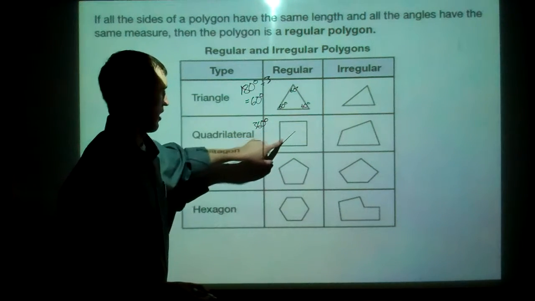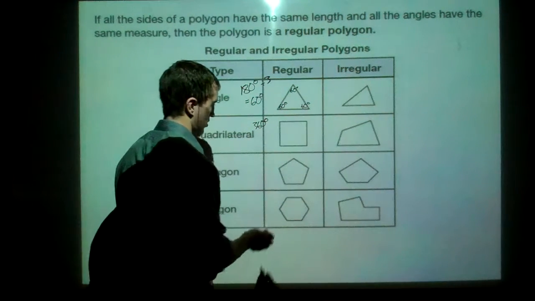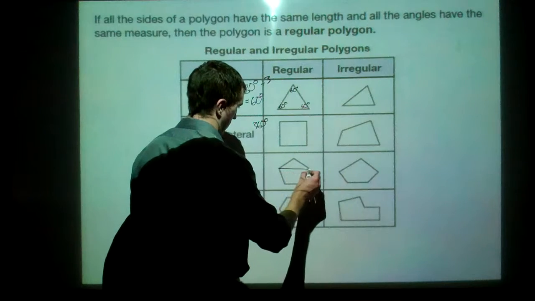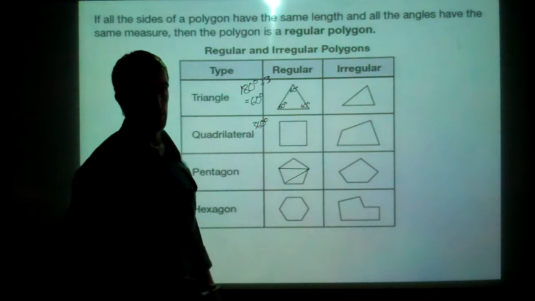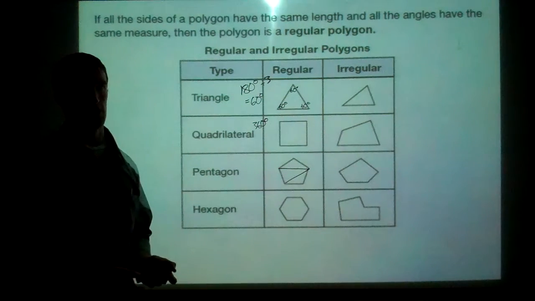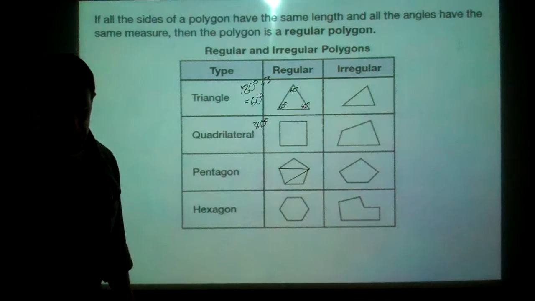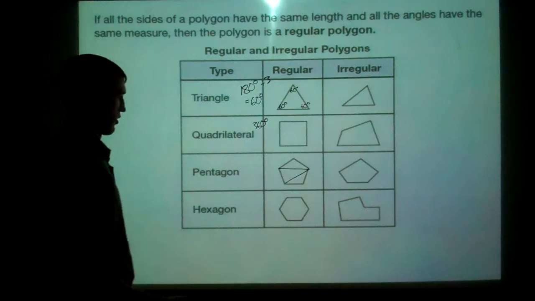They all add up to 360. We can do that with any polygon. 1, 2, 3 triangles, so 3 times 180 would give us the total amount if we added up all the measures. We're not really getting into that yet, but that's something that we will be doing in the future.